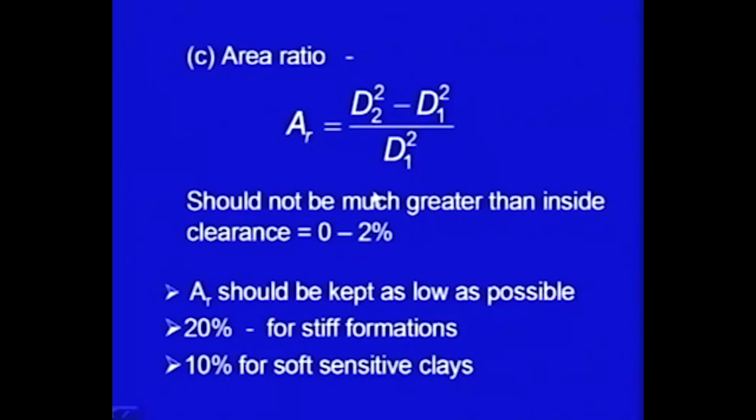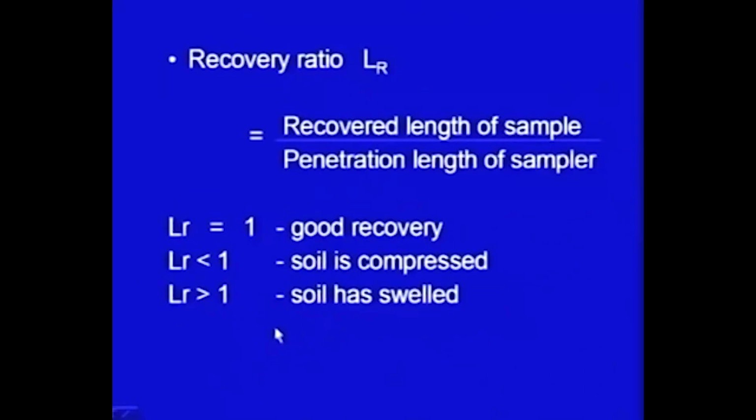Another term is area ratio, (D2 square minus D1 square) upon D1 square, and this should not be much greater than inside clearance, maybe its difference should be 0 to 2%. This value should be kept as low as possible, for stiff formations around 20% and for soft sensitive clays not more than 10%. There is another term, recovery ratio.